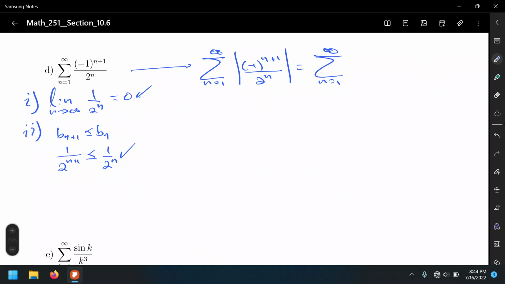So that's going to leave us with a 1 over 2 to the n in the denominator, which is the same as saying n equals 1 to infinity, 1/2 to the n power. And we know that this is a convergent geometric series.